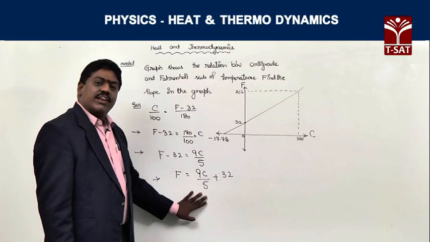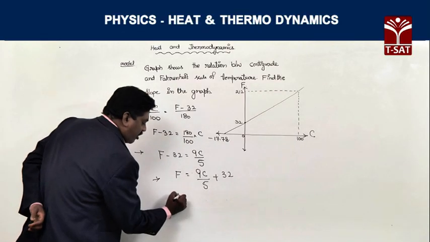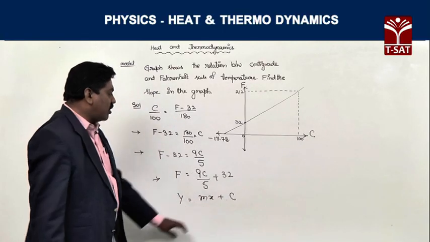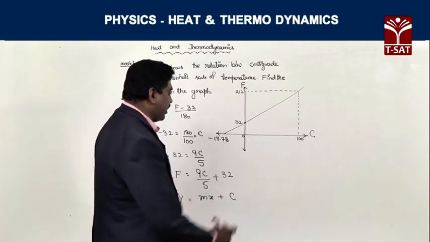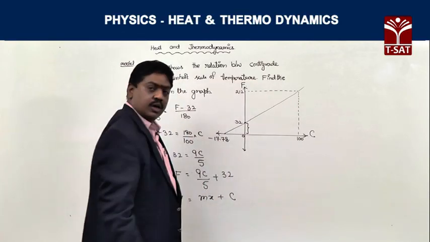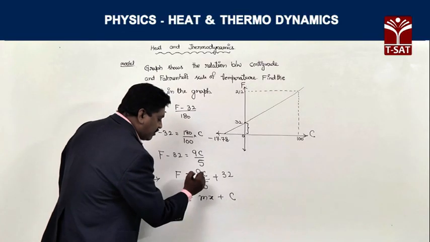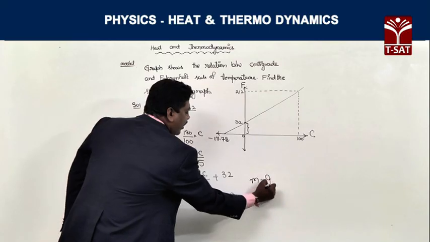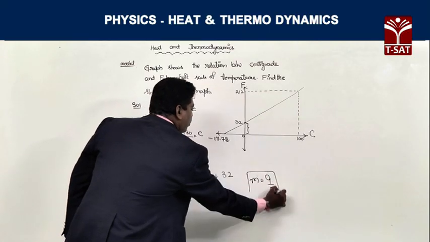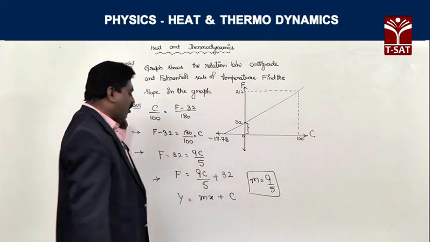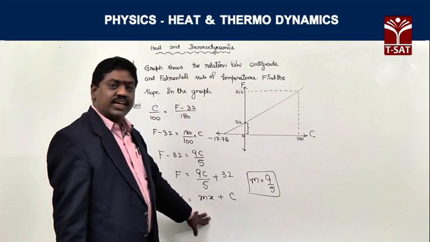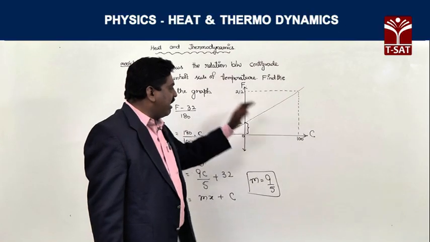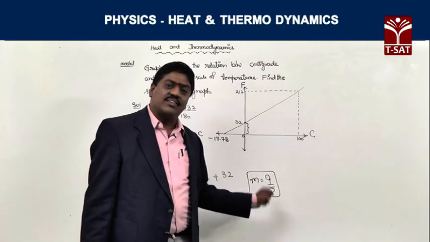It is a linear equation in the form y equals mx plus c. The constant value, that is the y intercept, is 32, and the slope is m equals 9 by 5. So, without touching the graphical part, just by using the formula, we are able to say that the slope of the graph between the centigrade and Fahrenheit scales is 9 by 5.